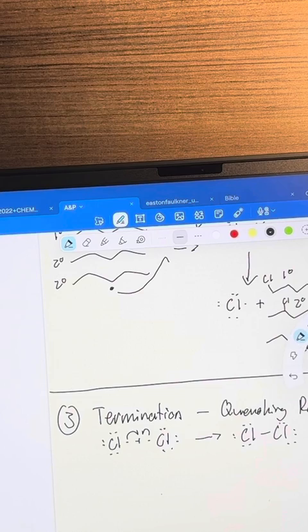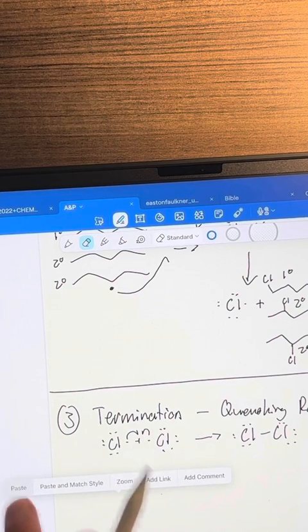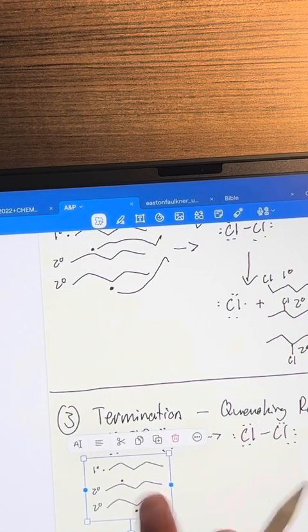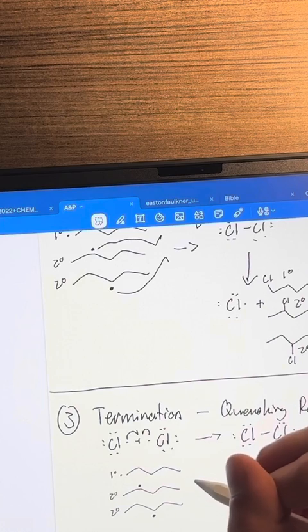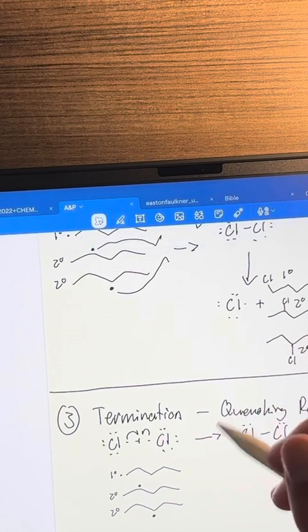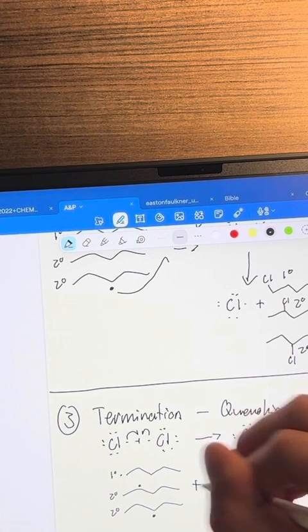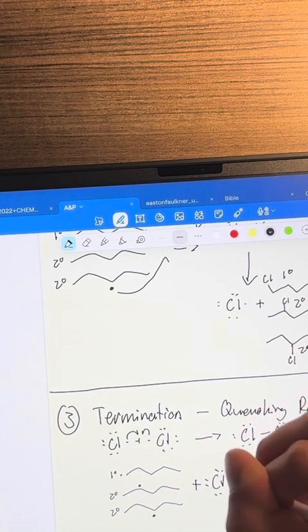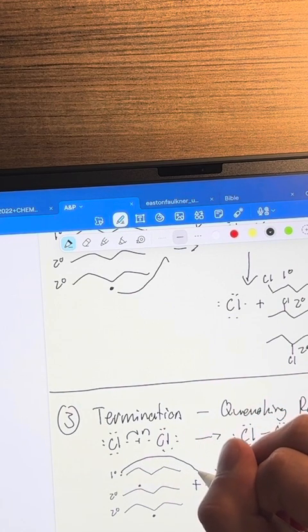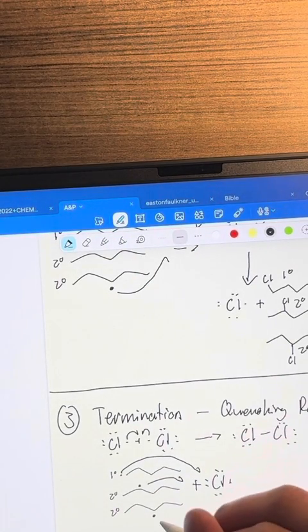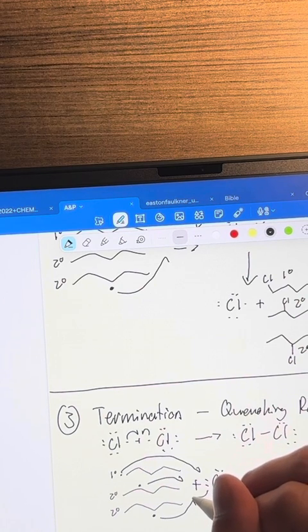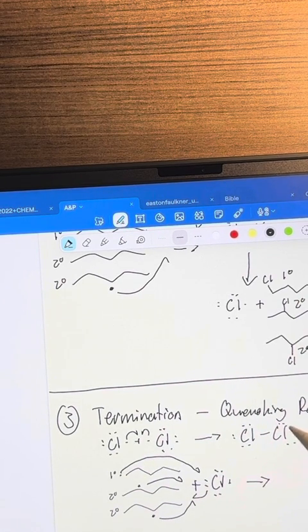Any one of the radicals that we produced out of the pentane can react with any one of these chlorine radicals to produce our product, what we're actually looking for.